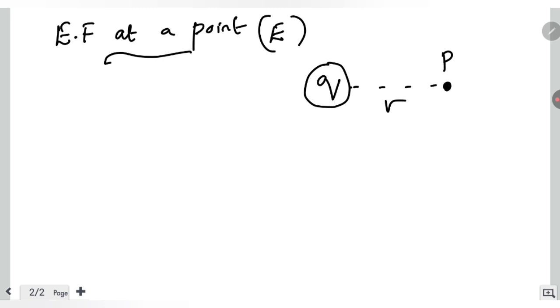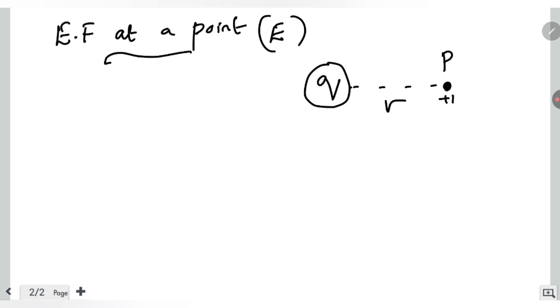To define that electric field, we always consider a test charge, that's a unit positive charge. It's just a point, but we consider that there is a unit positive charge, so we call it a test charge.